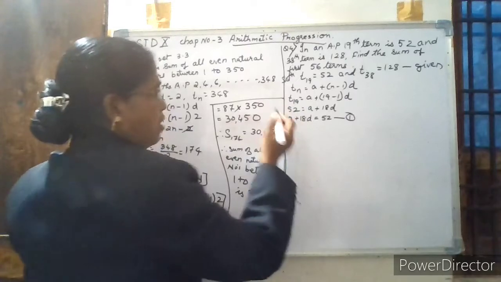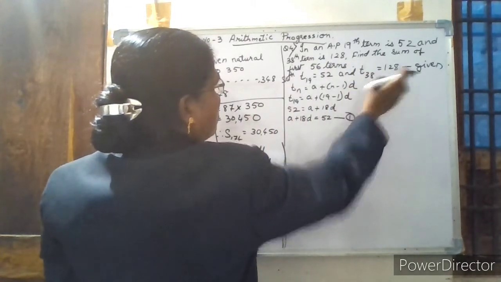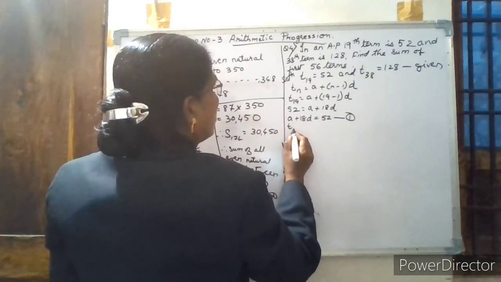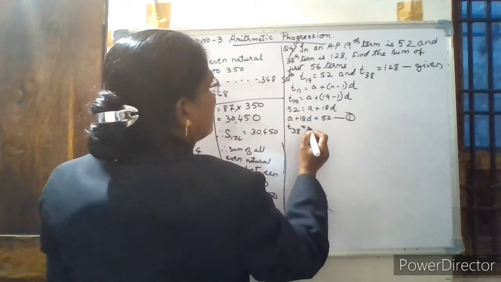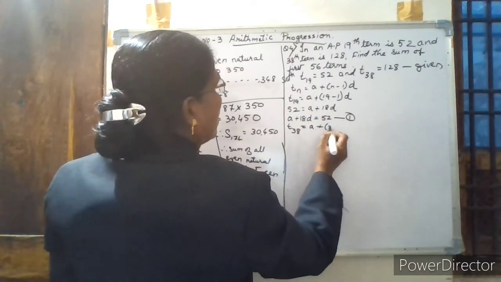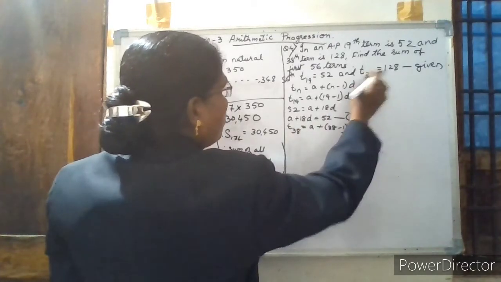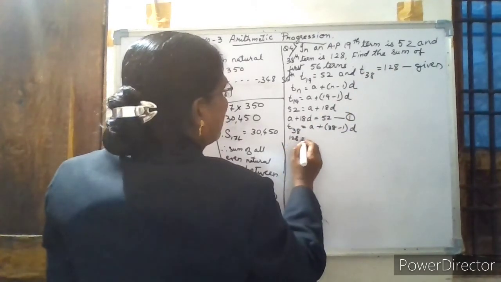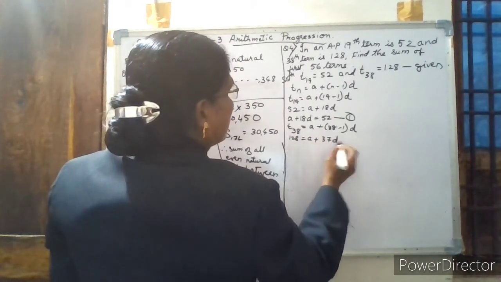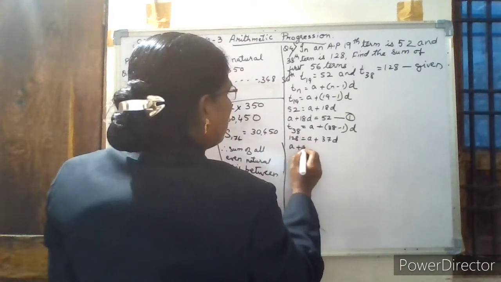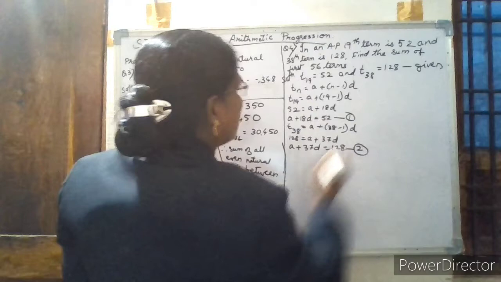In the same manner, the 38th term is a plus 38 minus 1 into d. The 38th term value is 128, so 128 is equal to a plus 37d. So a plus 37d is equal to 128. This is equation 2.